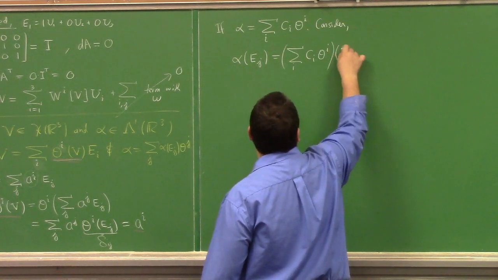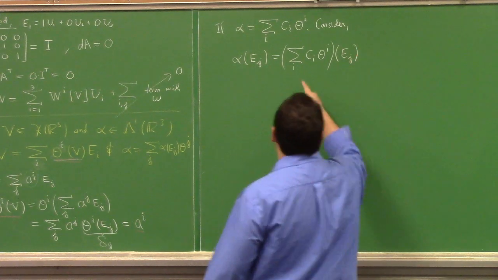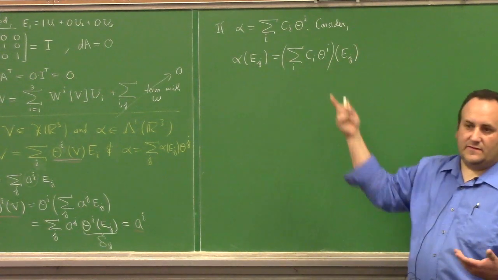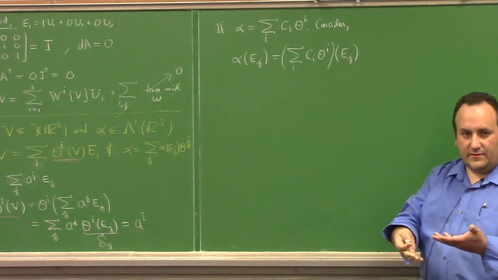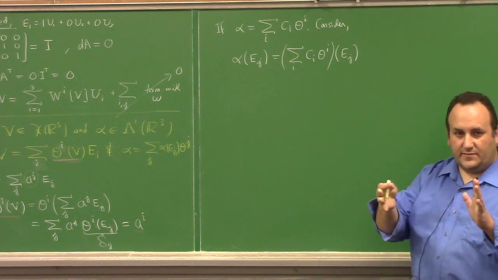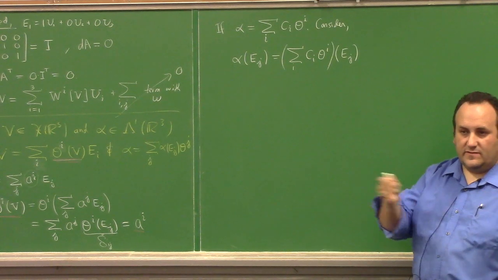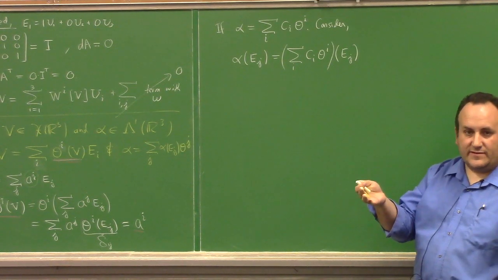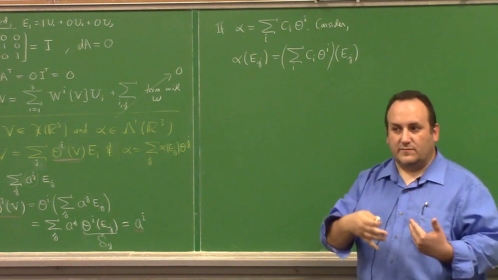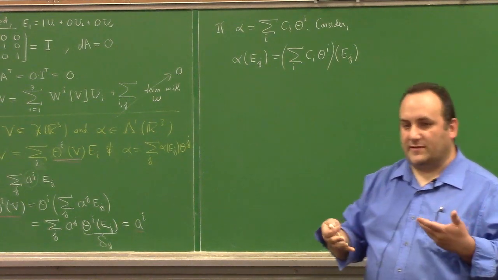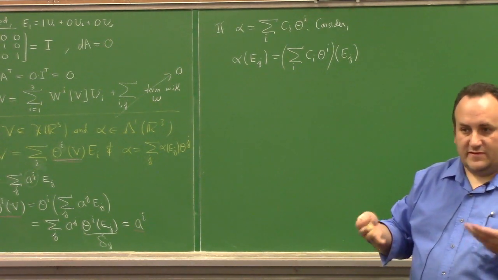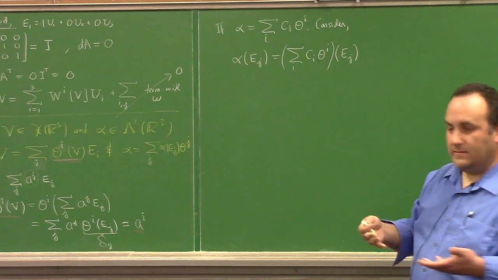How does this work? Each of the theta i's is a function. We're adding functions together and multiplying by numbers. How do we define sums of functions and scalar multiples of functions when they act on something? What's our rule in mathematics for that? We define them pointwise. Pointwise addition of functions is still in play here.